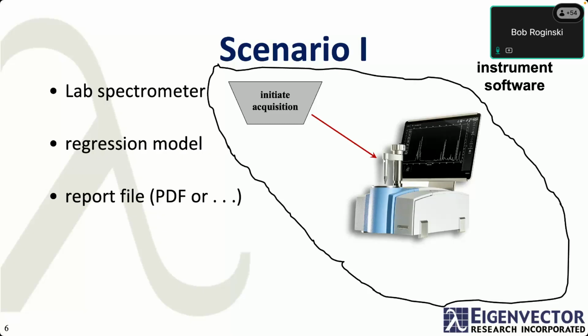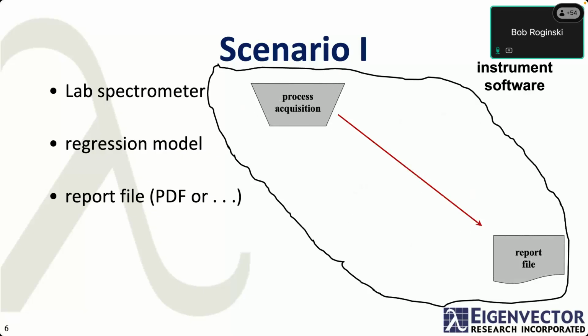But the idea here is that everything is being handled by the instrument software. So the user will initiate an acquisition, and then once the acquisition is completed, the instrument software processes it accordingly, and then it goes to a report file, and you're done.